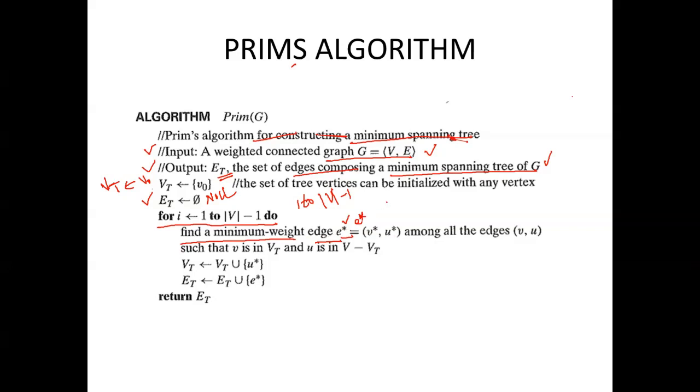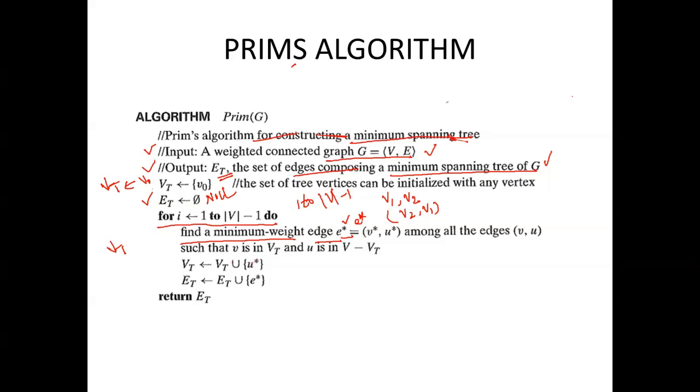Suppose we have a vertex V1 to V2, then you can take V2, V1. So among all the vertices, we take V, U such that V is in VT, the vertices we include in the tree, and U is in V minus VT.